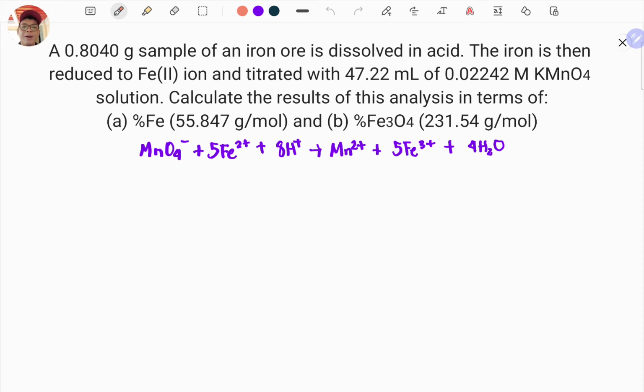Let's try solving this problem. Let's write down the given. That's 0.804 grams sample containing iron. And then we process the sample by dissolving it in acid and then converting all the iron to iron 2+.